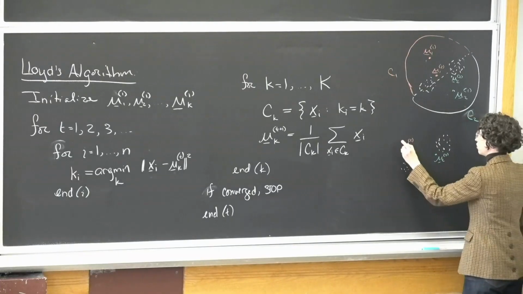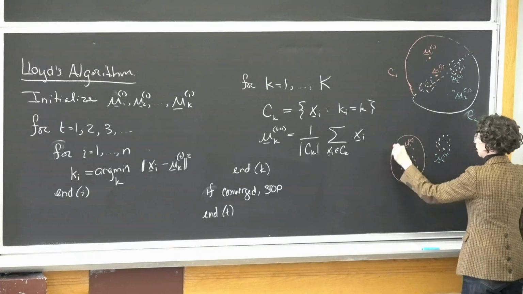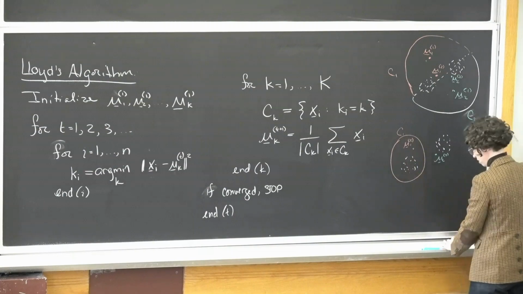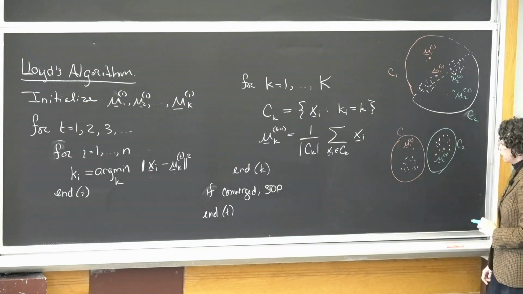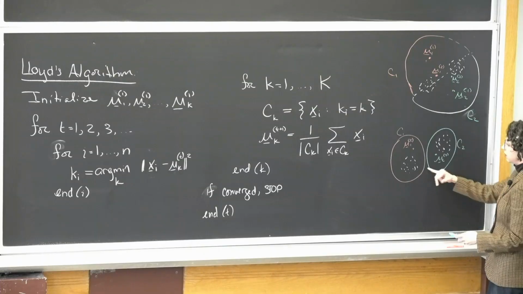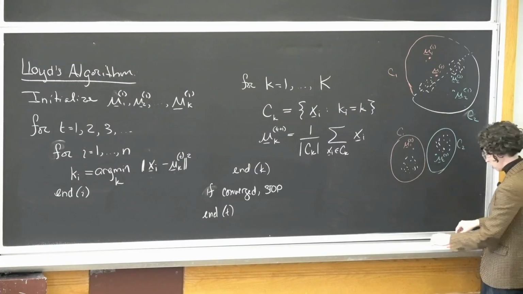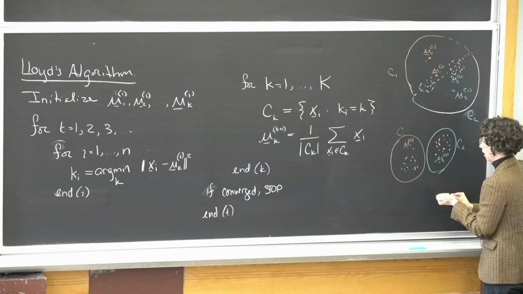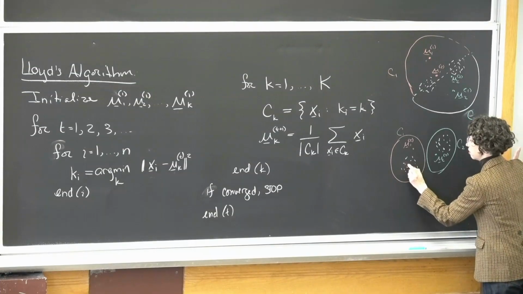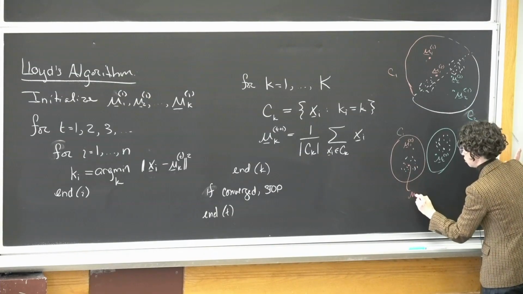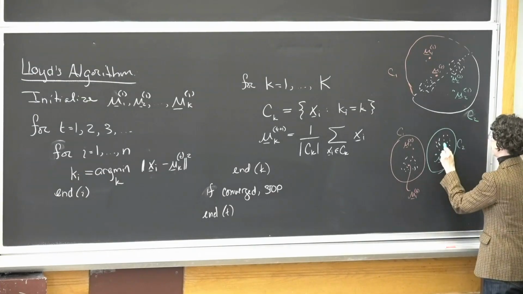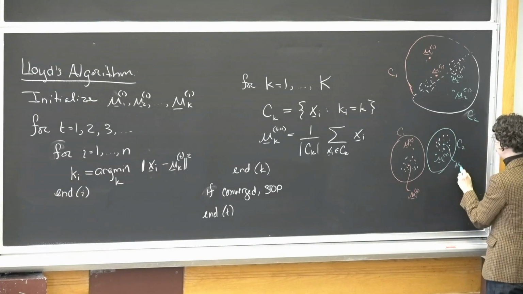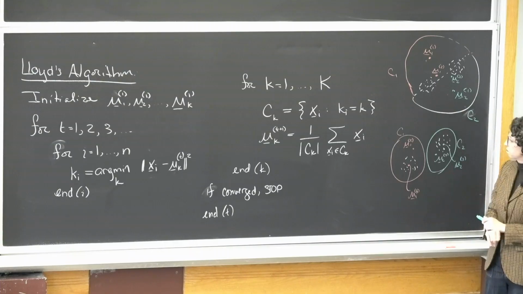And so this is our new estimate of C1, and this is our new estimate of C2. And based on this, we now take the average of all the points in C1 to get our new cluster center. So in this case, this would be mu1 for the third iteration. And right here, we would get mu2 for our third iteration.